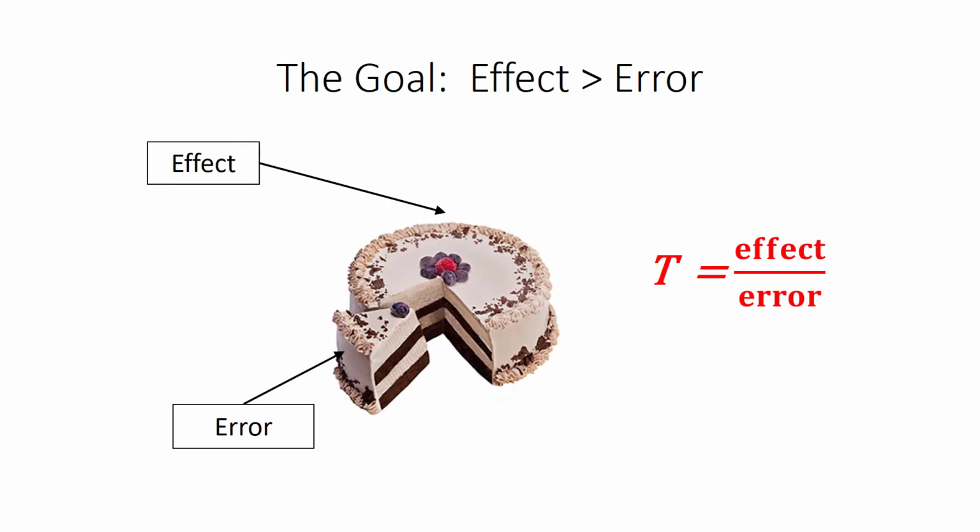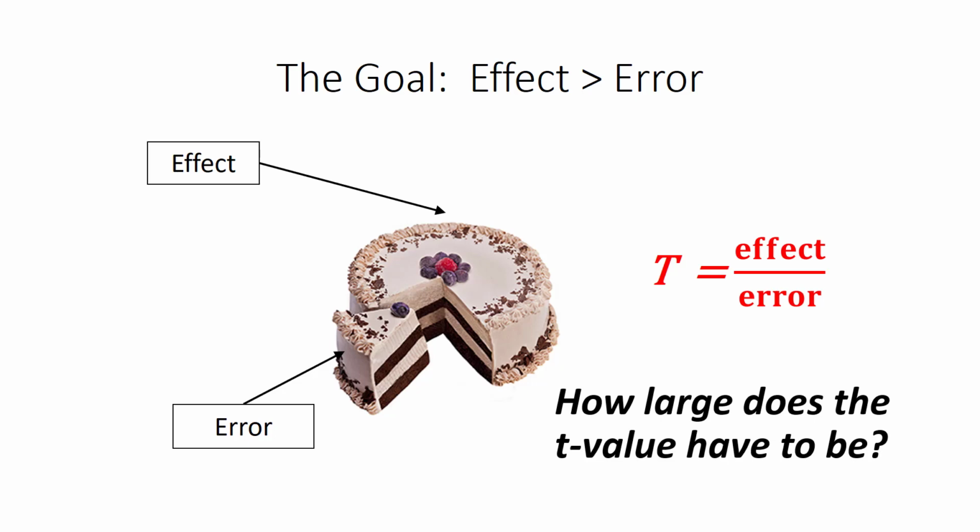When you run a t-test, your goal is to get an effect as big as possible and an error as small as possible. This will give you a t-value as large as possible, which will ensure you that your model is good to go. But how big does a t-value have to be to tell you that your model is good enough?